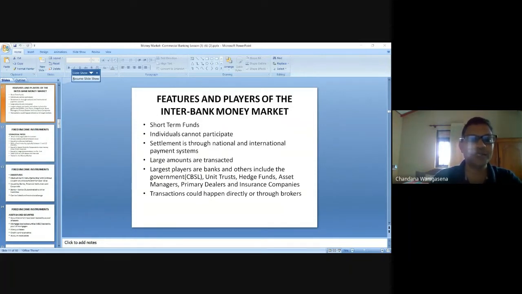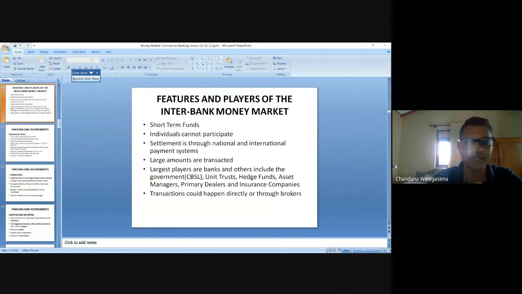But the important aspect is, this is a way the bank issues debentures and takes money into the system, right? These debentures are issued as senior or subordinate to other liabilities.